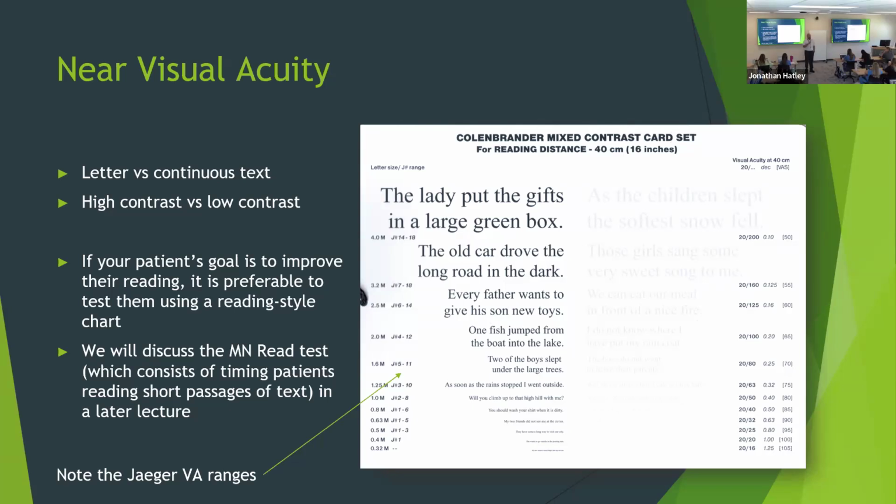We don't read individual letters. In some cases, we don't even read all the words in a sentence. We chunk large groups of words together. So because of that, saying a patient is 20/20 reduced Snellen and going on with your day may not be the whole picture of a patient's reading ability. That's why in low vision, especially, we do these continuous text style visual acuity tests.